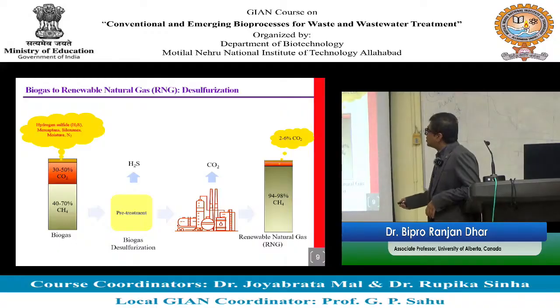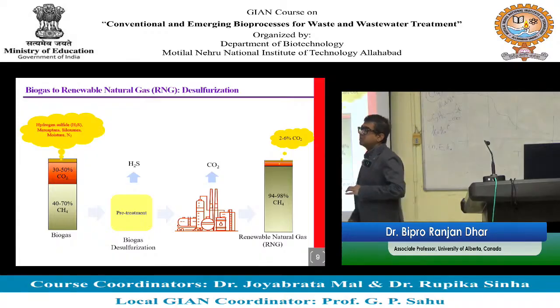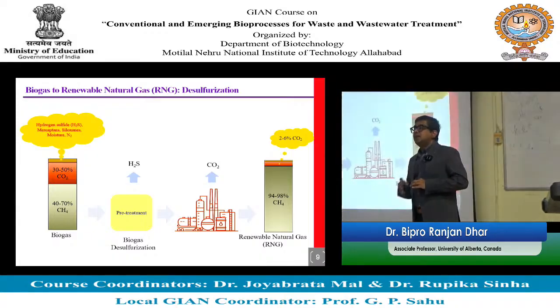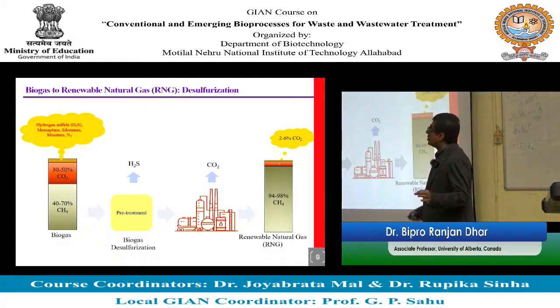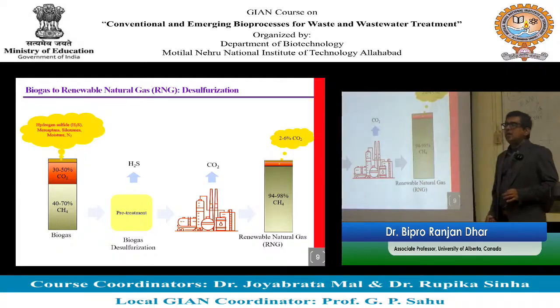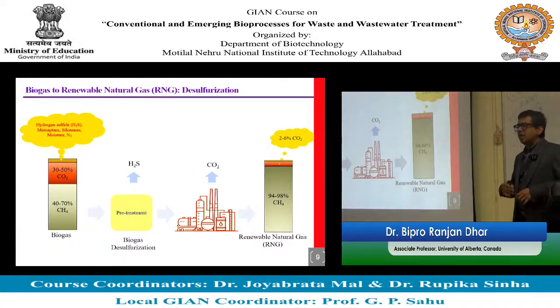So in most cases, after the anaerobic digestion process is done, industry does some sort of cleaning of biogas to remove sulfur. Those ex situ processes mainly focus on adsorption, and sometimes even biofiltration is used, but they are quite expensive.